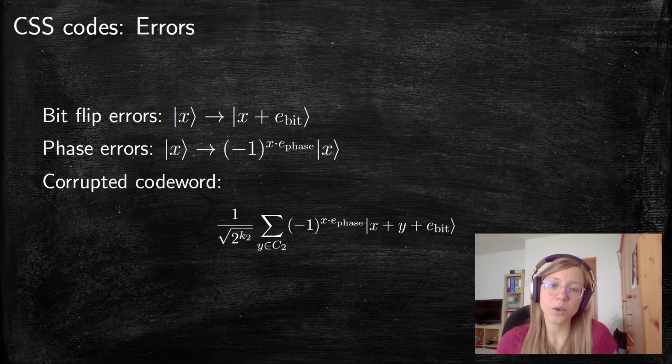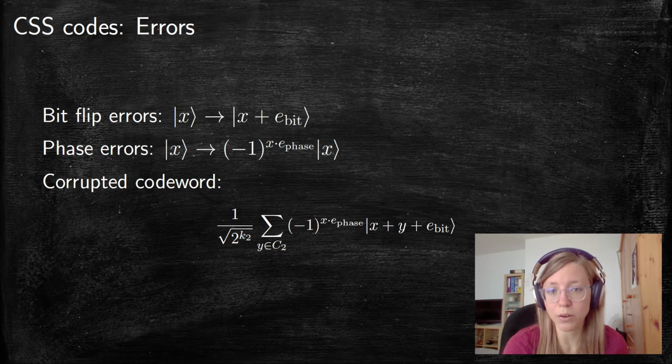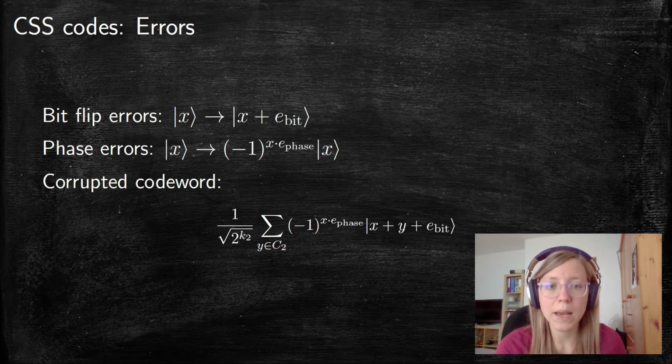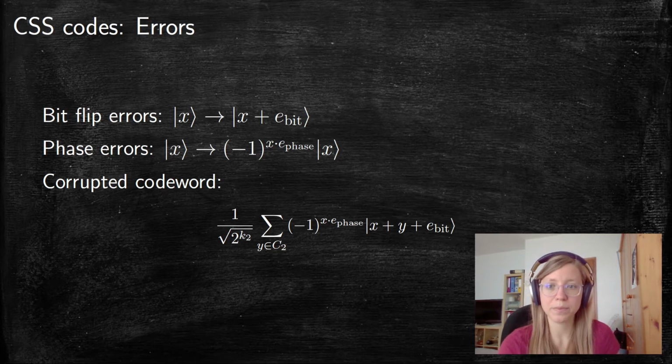Okay, this means that the corrupted code word has the form 1 over the square root of 2 to the power of k2, which is the cardinality of the code C2. And in the sum over all the vectors, we now have a factor -1 to the power of x times e phase. And the vector is now labeled by x plus y plus the error vector for bit flip errors.